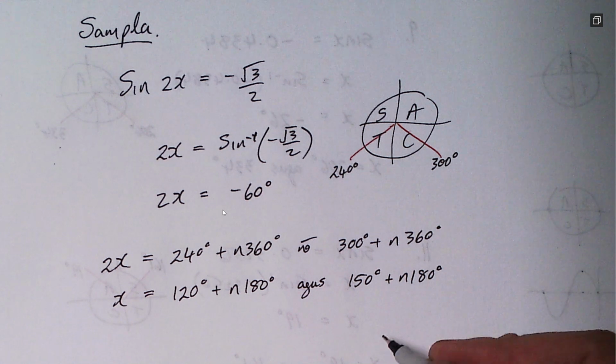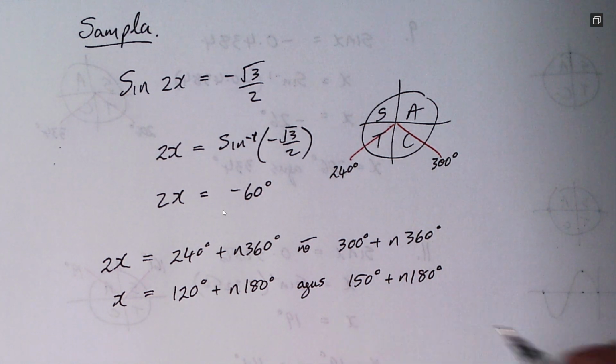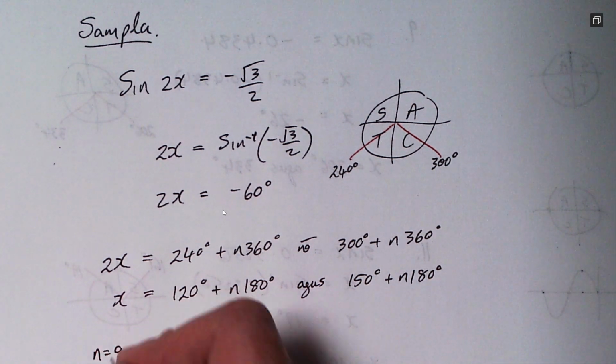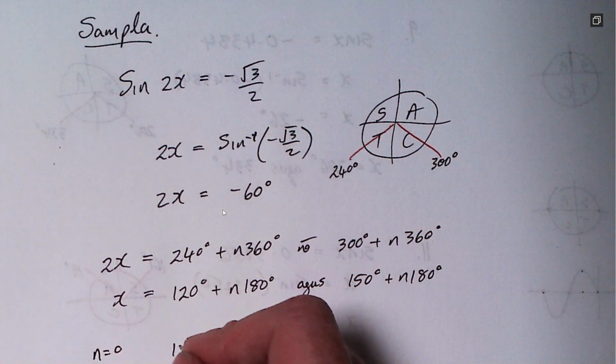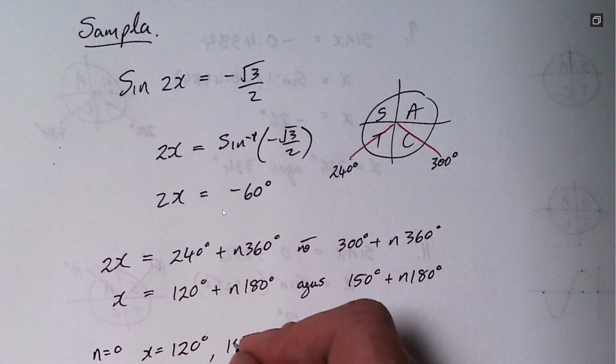So next, the solution. Now, do it from 0 to 720 degrees. So when n equals 0, x equals 120 degrees and 150 degrees.